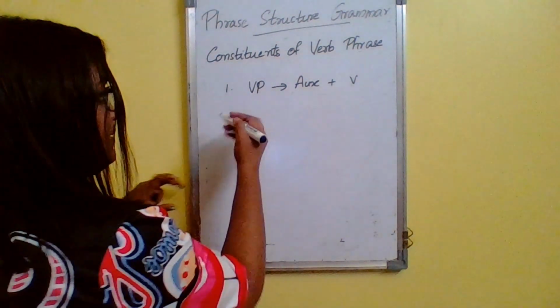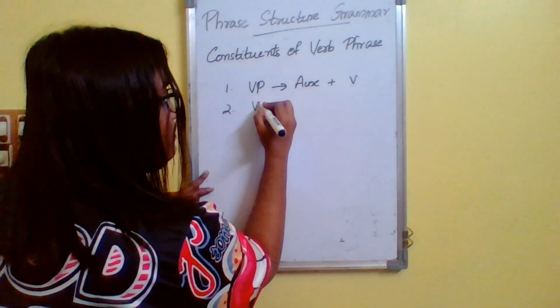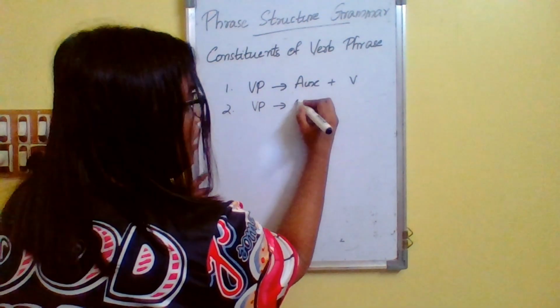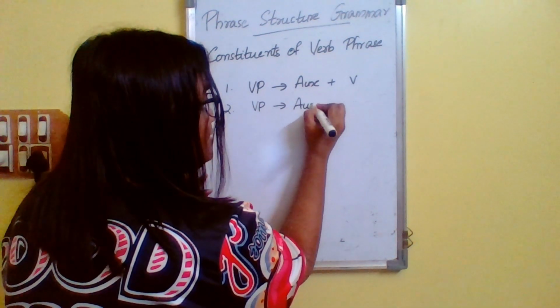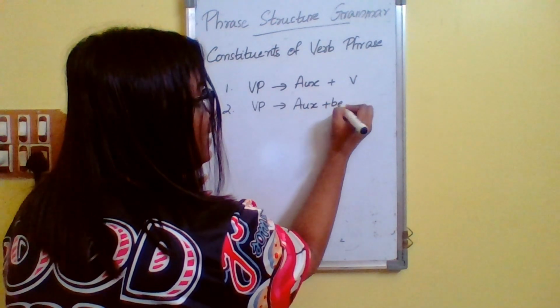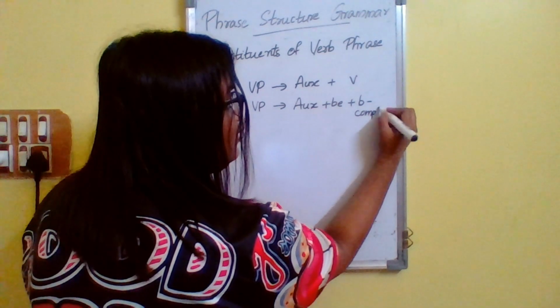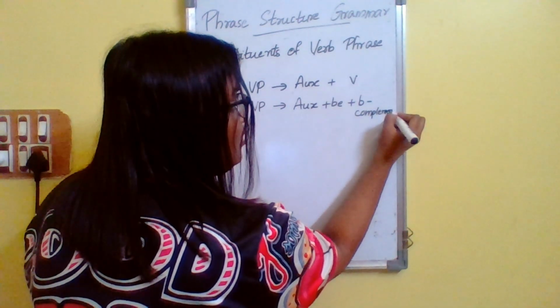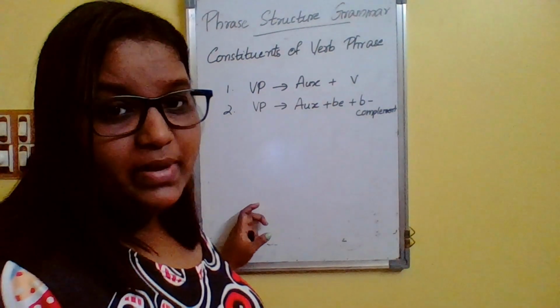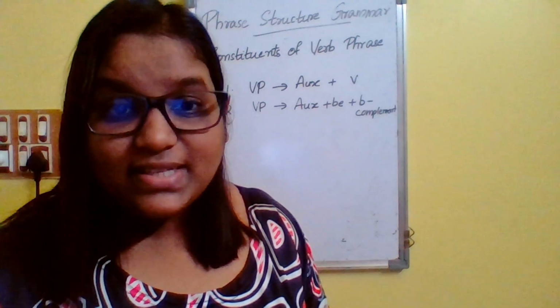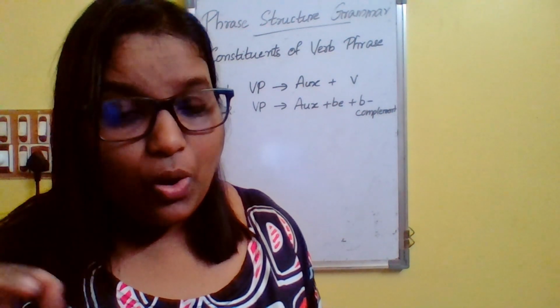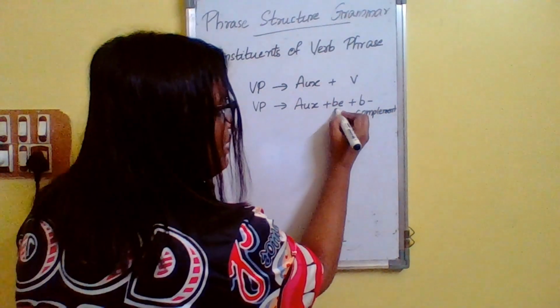Let's look at that. So VP is equal to auxiliary plus be plus be complement. So this be can be anything.